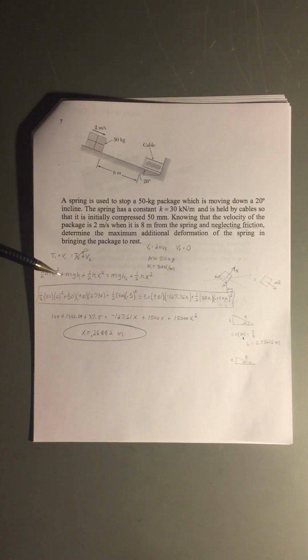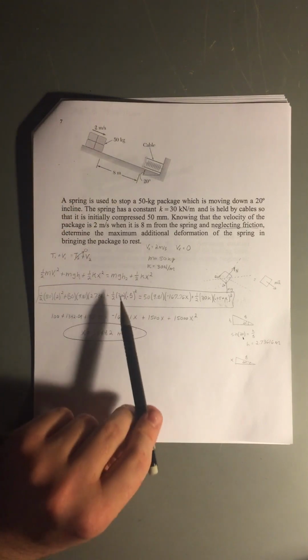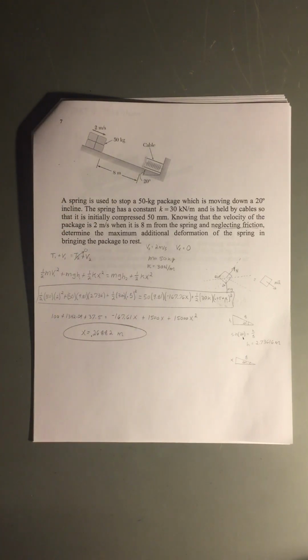So there's the energy from gravity, mgh, pulling it down, and then there's also the spring here because it's already compressed, so that's the 1/2 kx squared. And in position 2 we have those same potential energies, but the kinetic energy is 0.